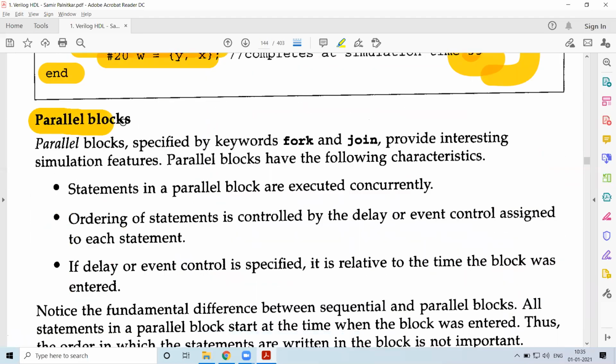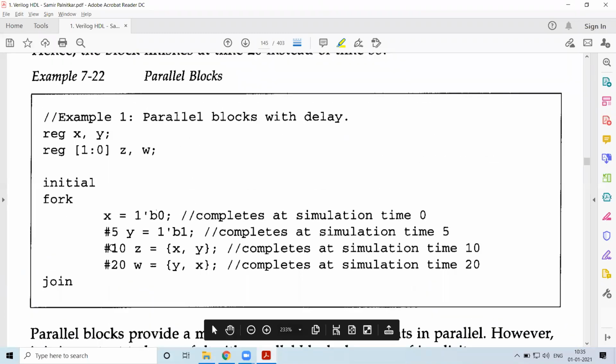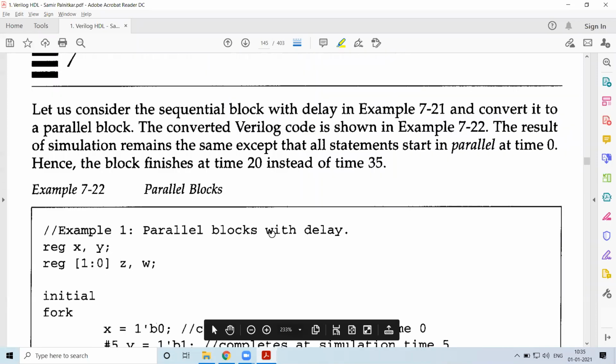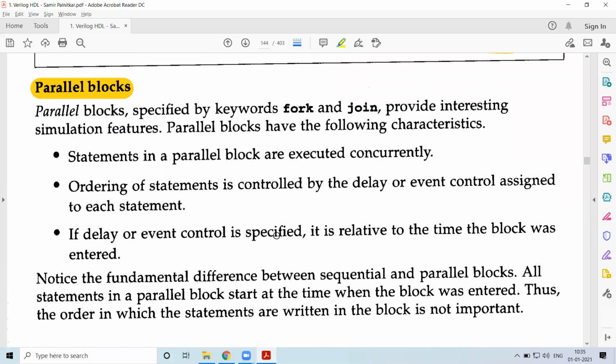Then coming down to the next one, parallel blocks. The name itself tells what happens. In this case, the executions will be happening in parallel, whether you are using non-blocking or blocking assignment statements.